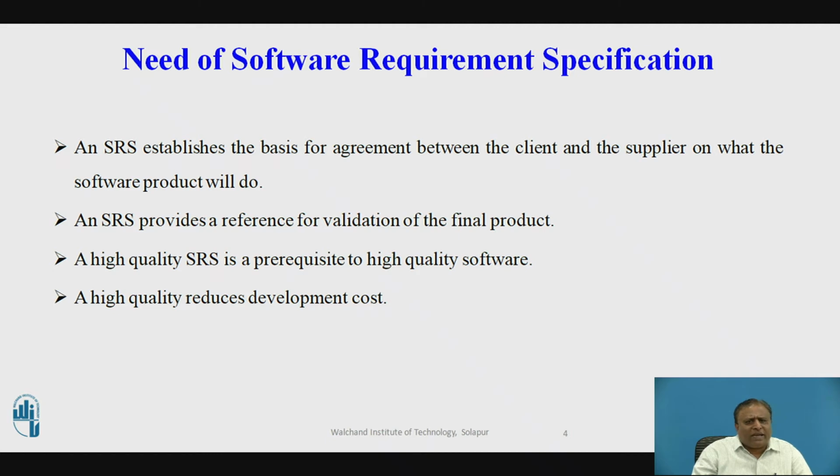A high quality SRS is prerequisite to high quality software. Here finally the quality of SRS has an impact on the cost and schedule of the project. Hence by improving the quality of requirements we have huge savings in the future, having fewer expensive defect removals. For a high quality end product that has few errors, we must begin with a high quality SRS.